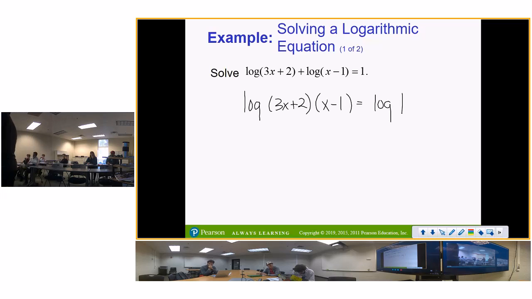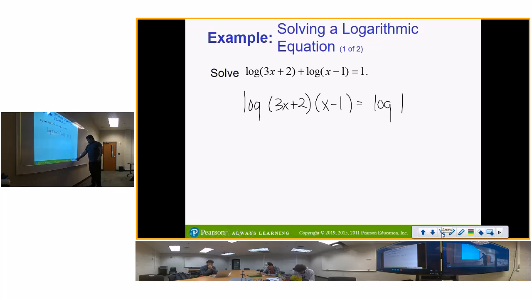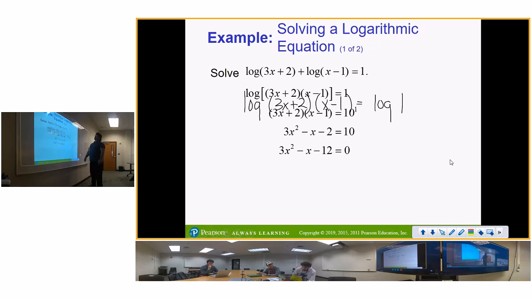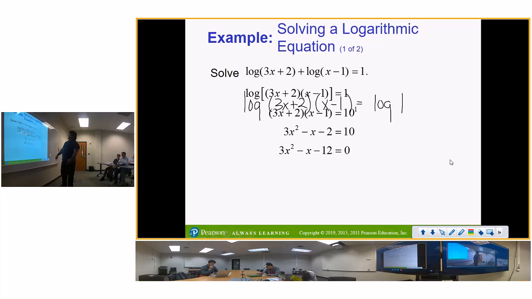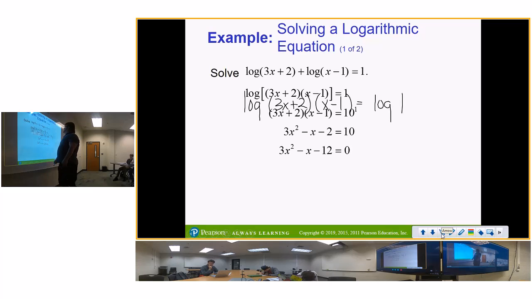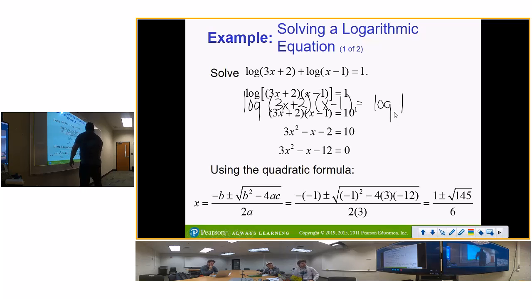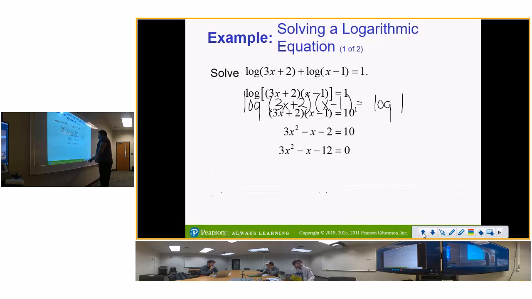Now that's something you can do. Let's see what they did, because there are 2 or 3 different ways you can do it. Yep, they did it. I just want to make sure I wasn't leading y'all astray. Okay, so after you set the log, and this is log base 10, I can't write, hold on.